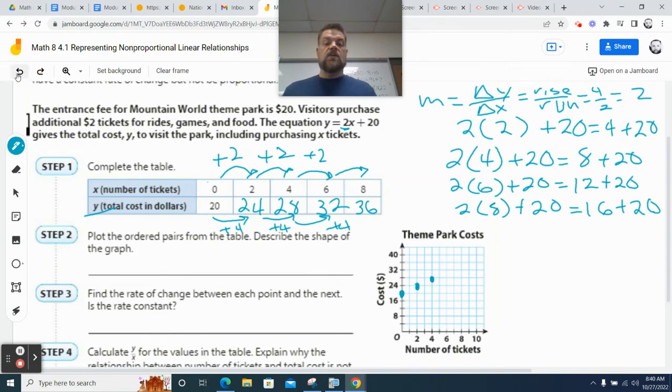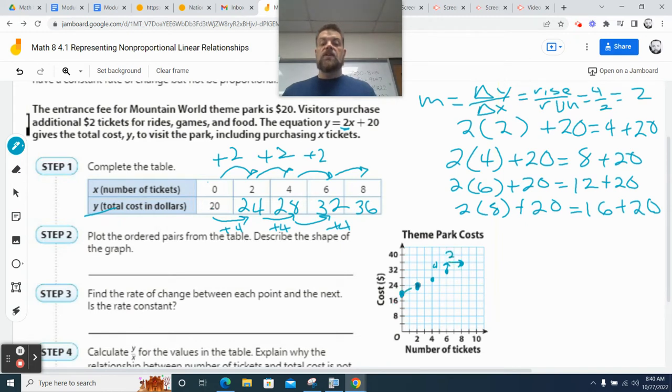Somehow I'm drawing these wrong. When x equals 4, it's 28, right? And 6 is 32. Yeah, and that's interesting that you say that. Really what we're doing is we're going up 4 over 2, right?